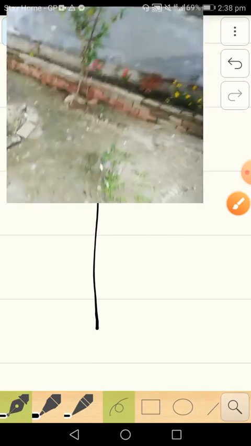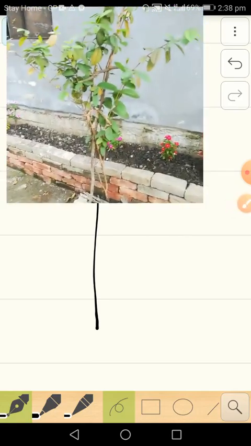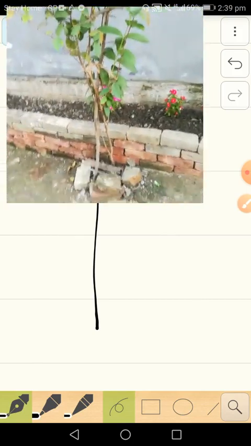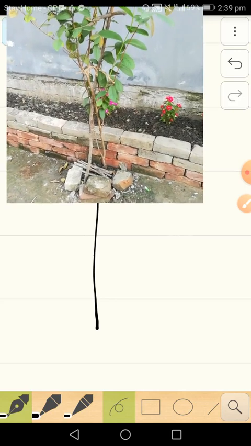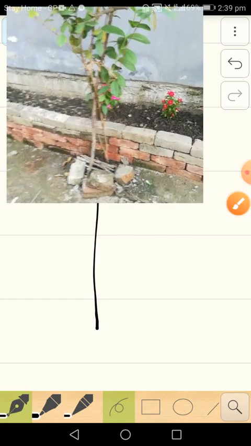Let me show you another plant. This is a guava plant. The roots are being covered, so just imagine that roots are there.